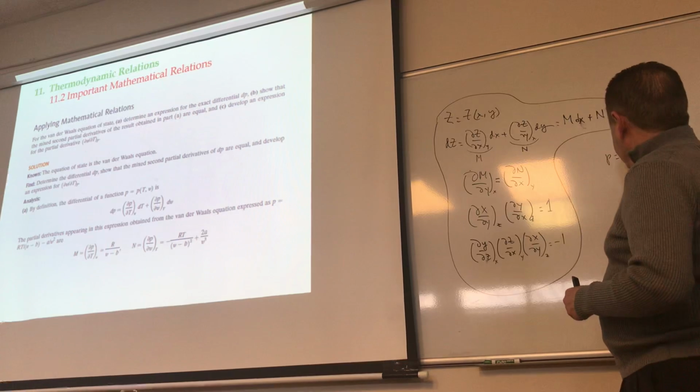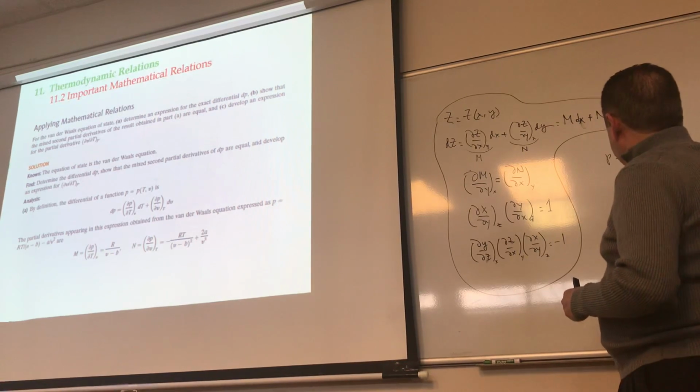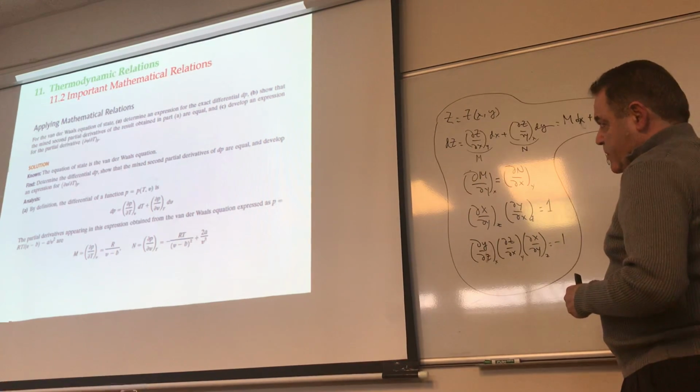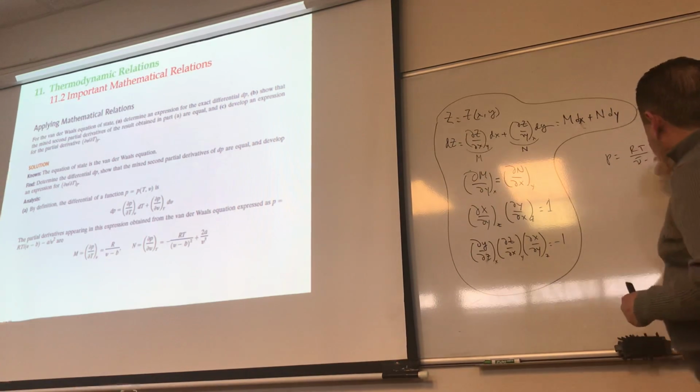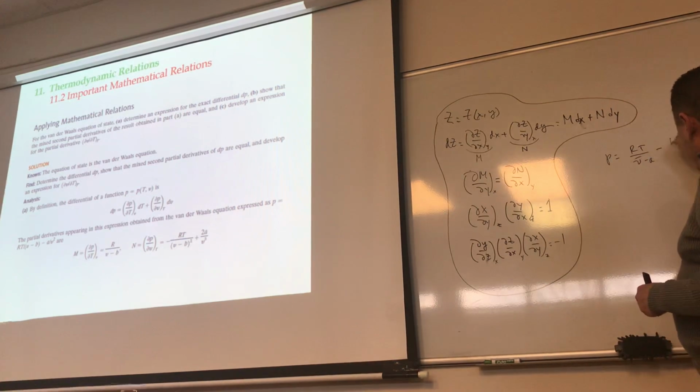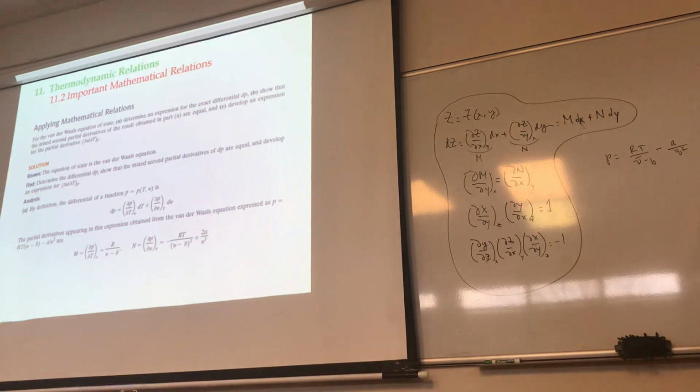P is equal to RT divided by V minus B, and then minus A over V squared. So this is the van der Waals equation. And it says, what is dP?